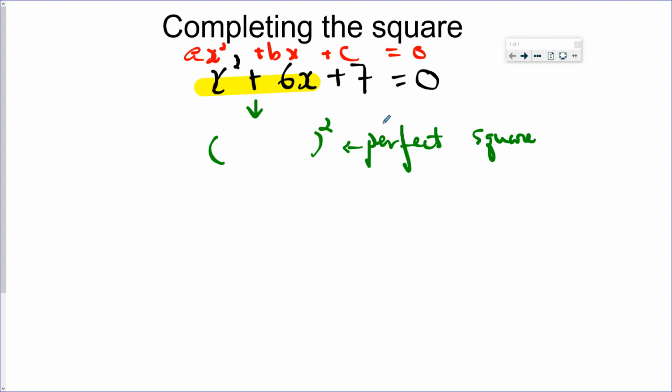Sorry, I had to stop for a little bit. So once we get the perfect square, we can do a square root on both sides of the equation, and then we will get two values for x. Just like any other type of quadratic equation, the x value comes out a couple of times.